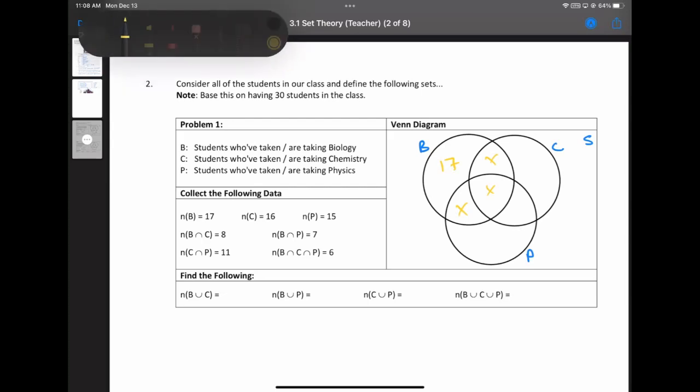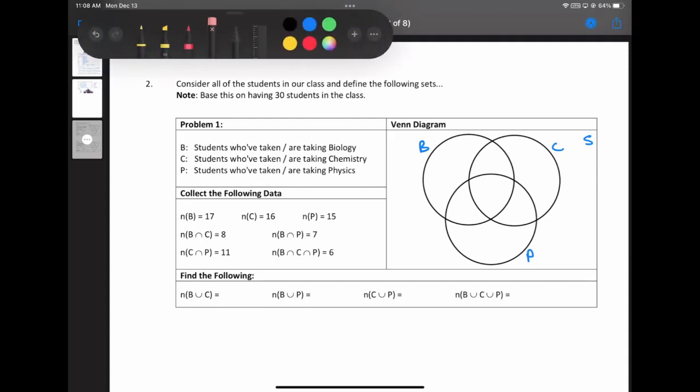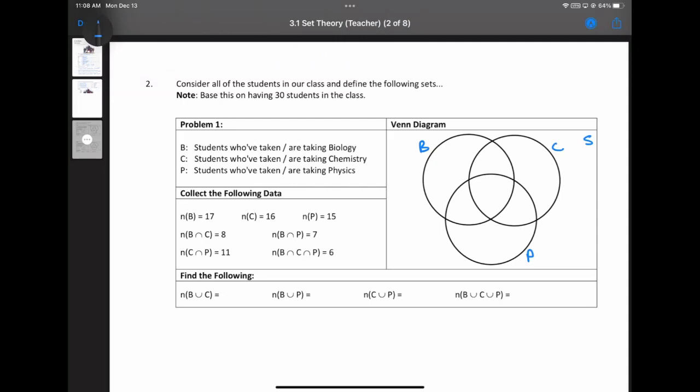So I can't say that that is true. What I can say is that those 4 possible areas have to sum to 17. And summing to 17 is a very difficult thing to do because I could break that 17 up in a whole bunch of different ways. So I can't start there.